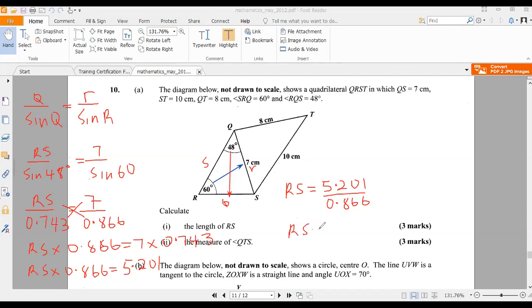We get 6.01 centimeters. We were not told whether it's 1 decimal place, 2 decimal places, or whatever, so we leave it right there.